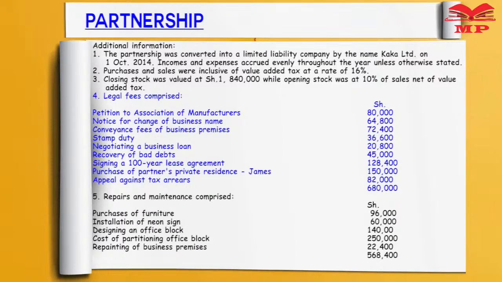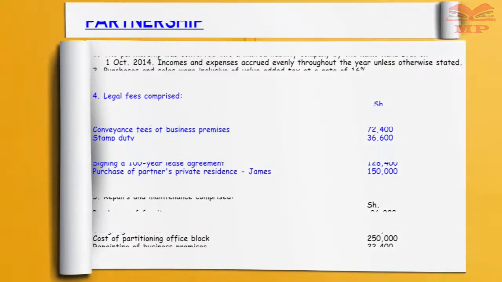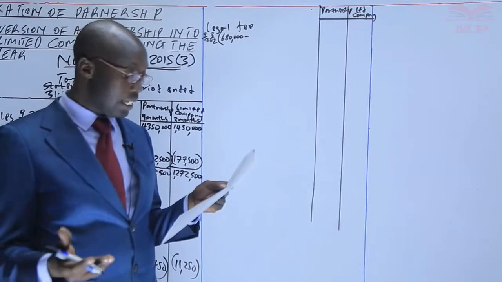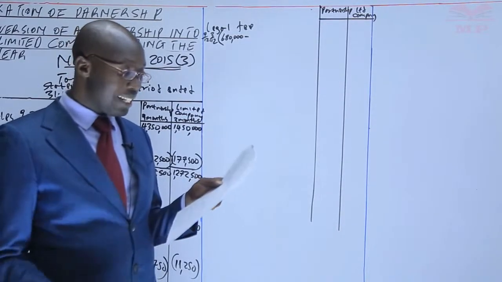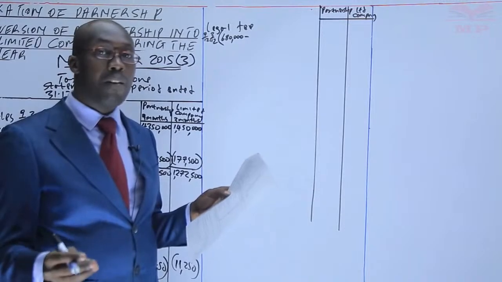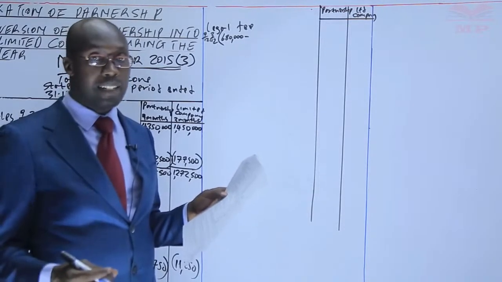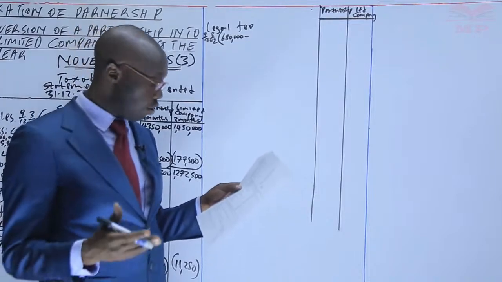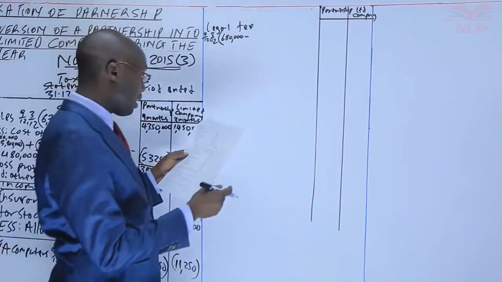We had said anything paid to the trade association is allowable. Association of manufacturers, that is supposed to be an allowable expense. Then notice for change of business name. Now we said that for an expense to be allowable, it must be income generating. This one, change of business name, has nothing to do with the income generation. We don't allow that. So minus 64,800.